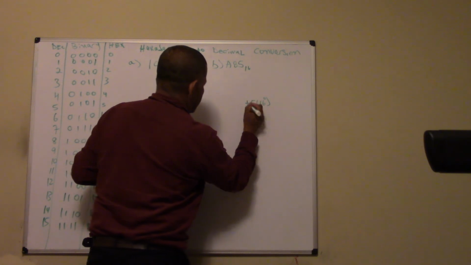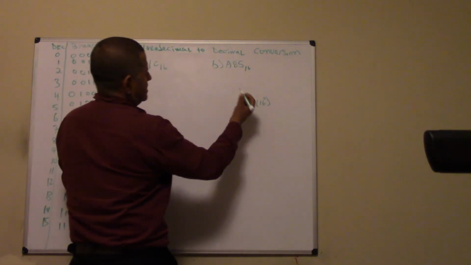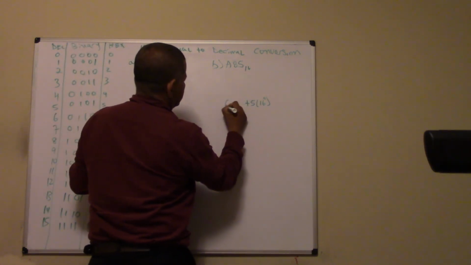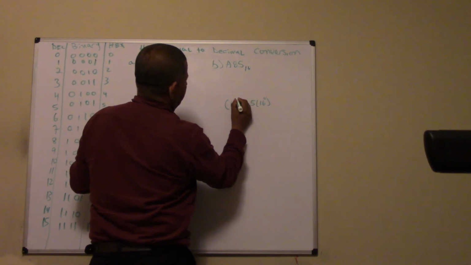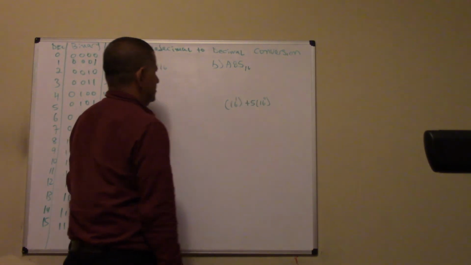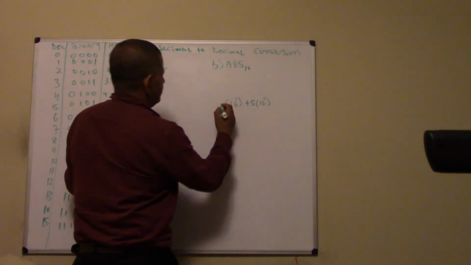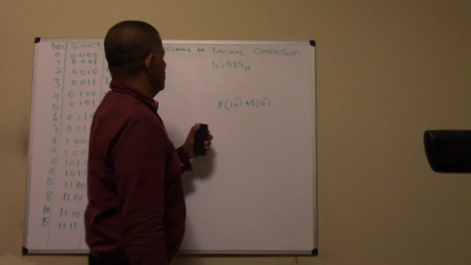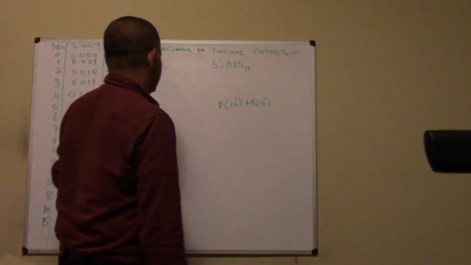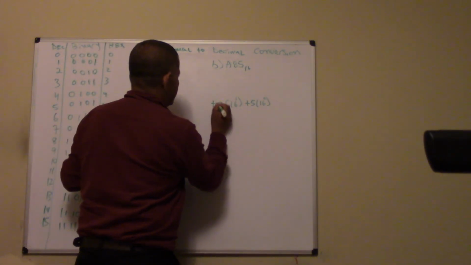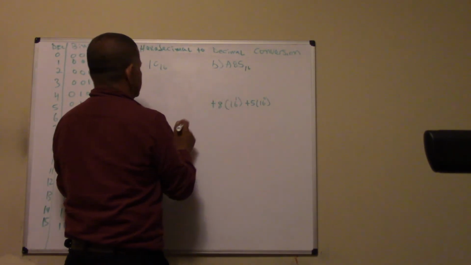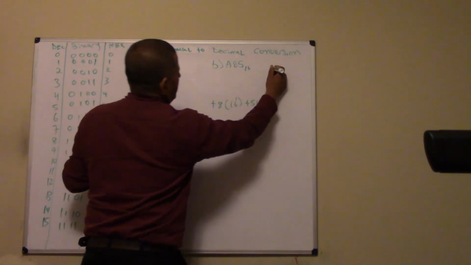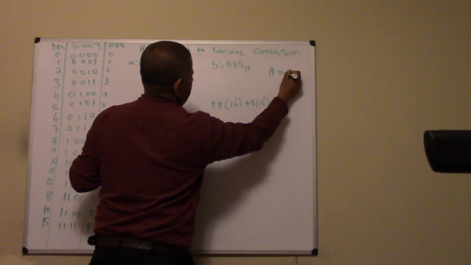And then I said 16 to the first power, right? Times 8. And then you do 10, right? So put a plus sign there. And I know that this 8 is 10, so 8 is equal to 10, right?